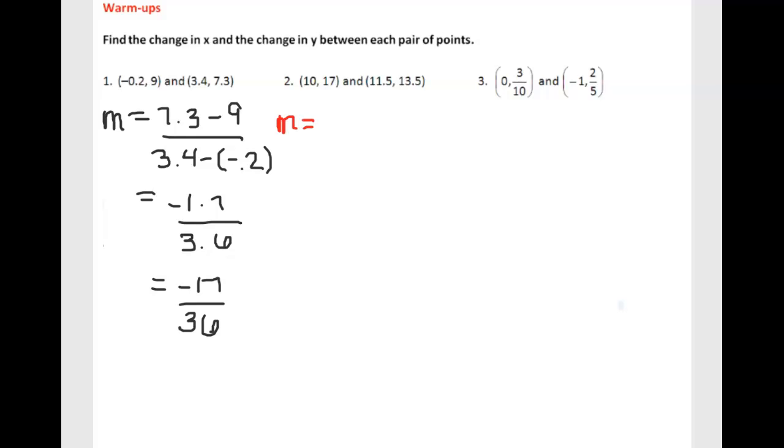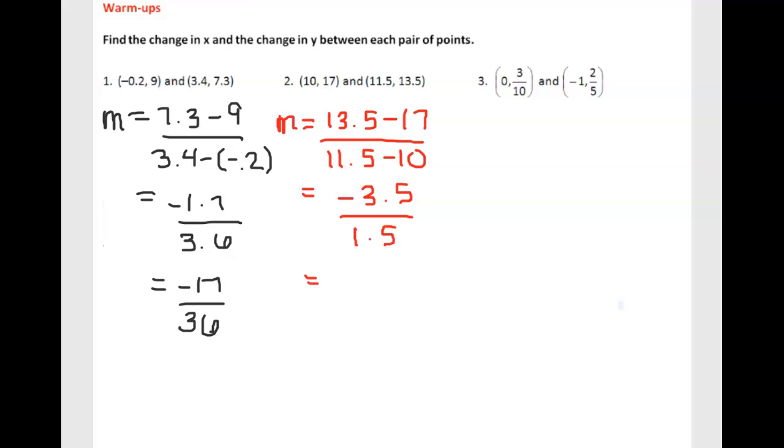Number 2, 13.5 minus 17 over 11.5 minus 10. So 13.5 minus 17 gives negative 3.5. 11.5 minus 10 gives 1.5. So we have negative 3.5 over 1.5.